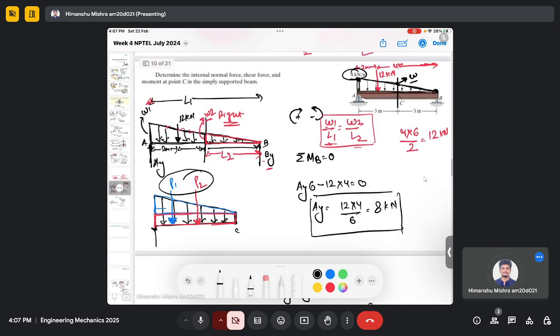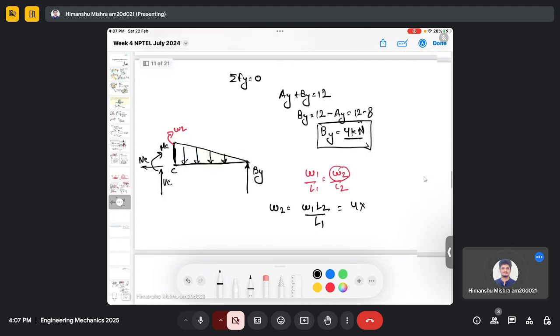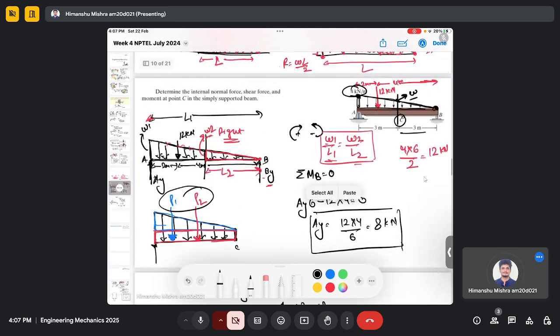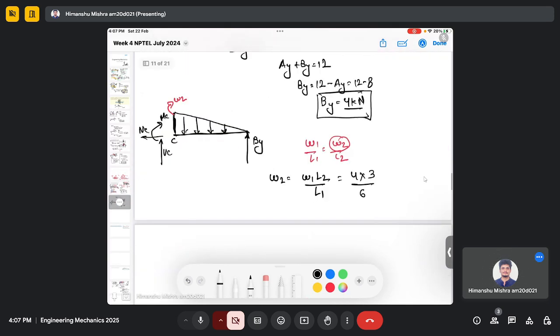So this point C is 3 meter from B, and L1, the total length, which is the length from B to the force where W1 is acting, 4 kilonewton, which is point A, is 6 meter. So my W2 will be 2 kilonewton per meter. So this is 2 kilonewton per meter.